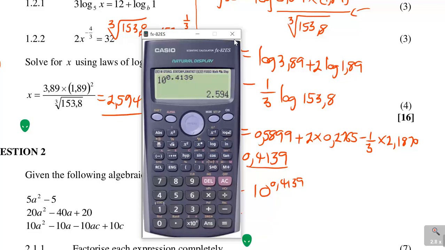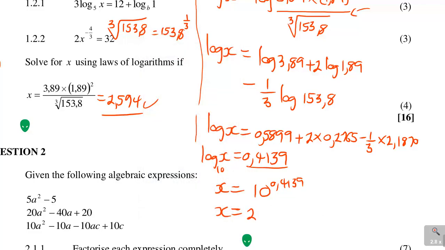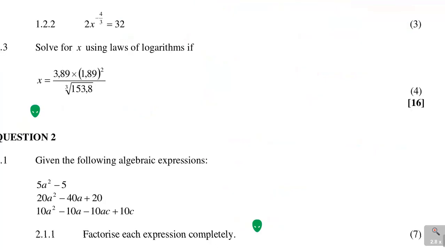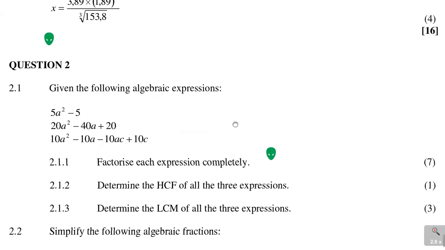You can see the answers are matching now, which is equal to 2,594. So you see, working towards an answer will help you to always go back, check, correct, and you are able to see in real time when you're making some errors. Okay, that was 16 marks, guys.